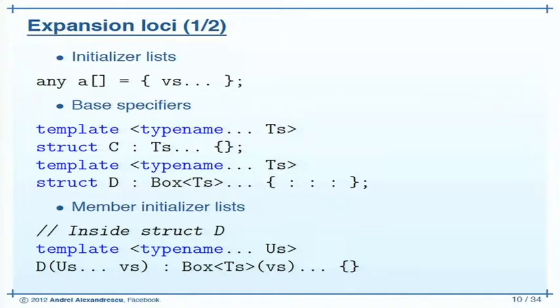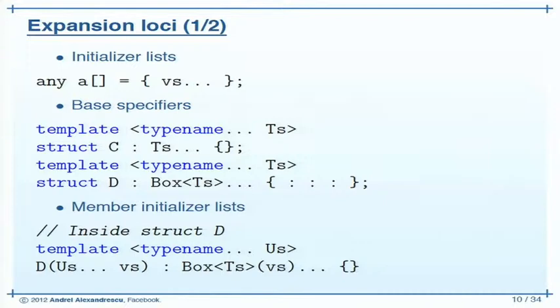So the places where I can actually expand things are an array initializer. I can expand stuff in a base class specifier, which would go like, template type name dot, dot, dot, T's, struct C inherits T's dot, dot, dot, which means inherits from everybody, right?